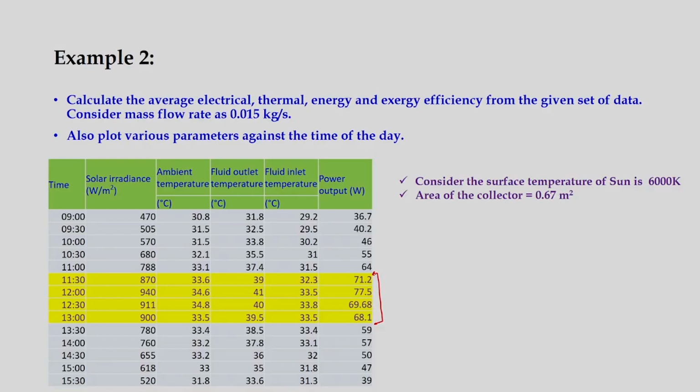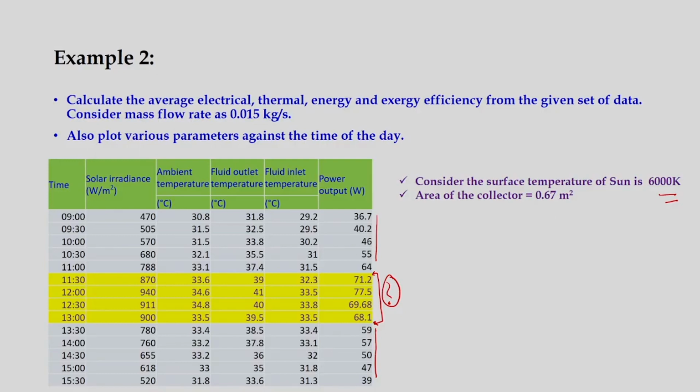So, our primary data will be this for performance analysis, but also we can see what happens if we perform the experiments from 9 to about 3:30 p.m., right. And we need to consider the surface temperature of the sun is 6000 Kelvin and area of the collector is about 0.67 meter square.